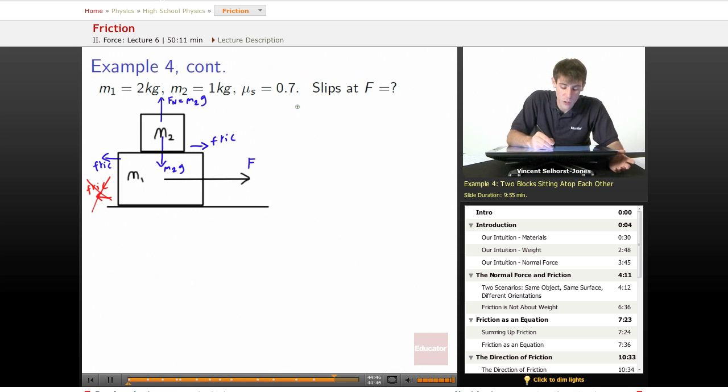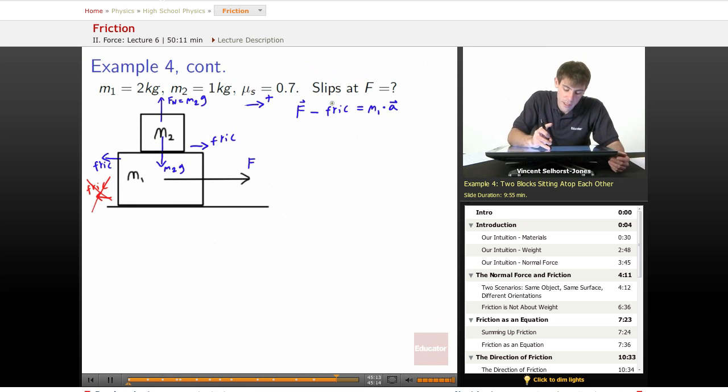For net forces, we'll make this the positive direction. We know that F minus friction equals the mass m1 times the acceleration, right? We'll make these all vectors, but it doesn't really have to be because we understand the directions, since they've been dealt with.